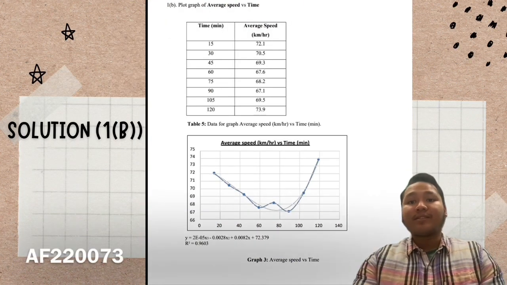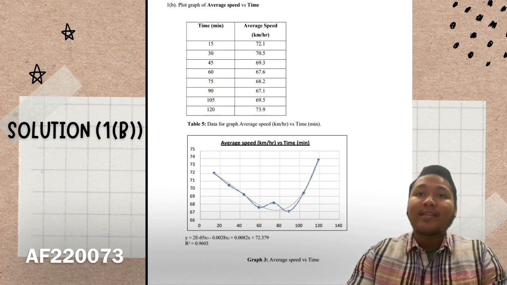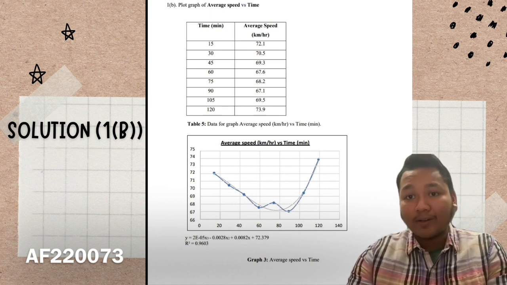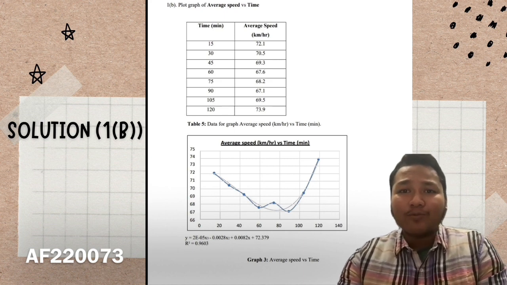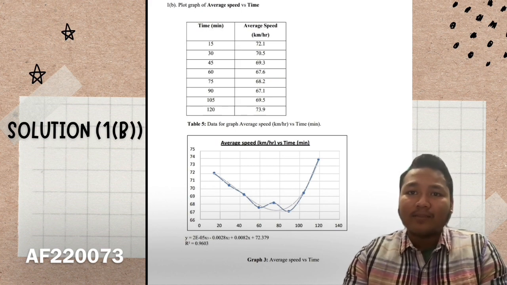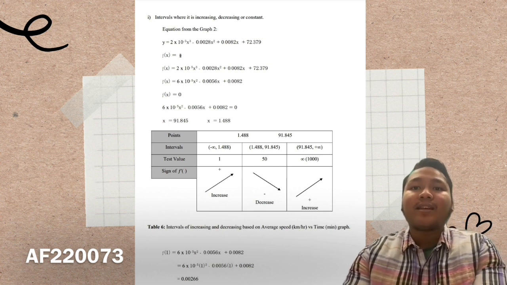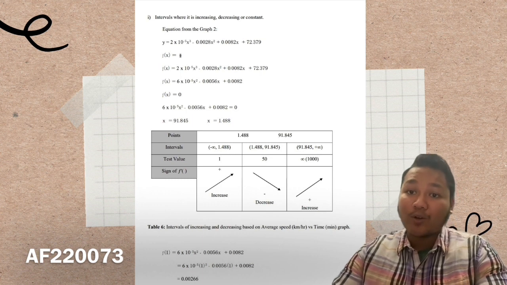I will resume my presentation with 1B, which is plotting the graph of average speed versus time. In the table, we can see that time is in minutes and average speed is in kilometers per hour. From the table given to us, we can create the graph like this, and the question says we should find the intervals where it is increasing, decreasing or constant.